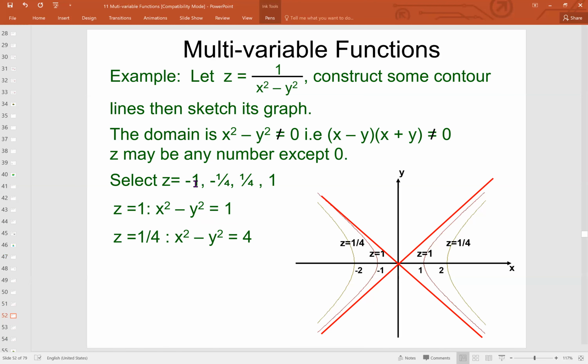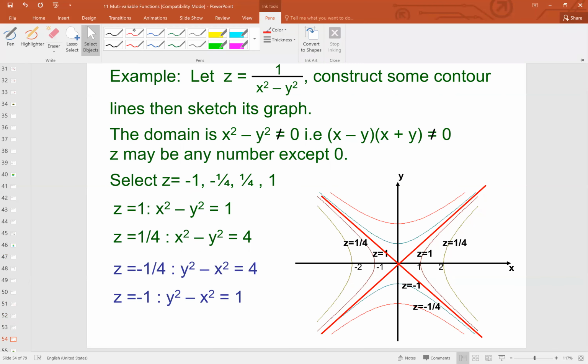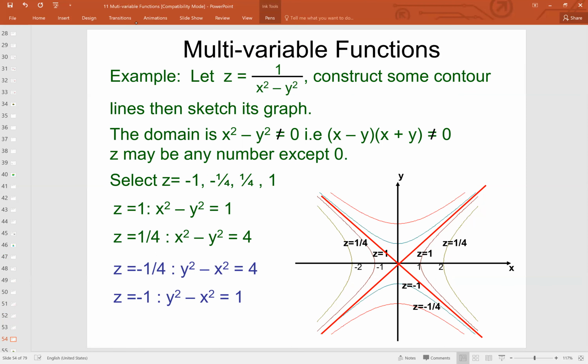And similarly, if I were to set z to be negative, then the positions of x squared and y squared switch, the sign switches in terms of y squared minus x squared. And then the corresponding level curves will go in opposite directions. In other words, if I come in from this side, then the level curves are climbing higher and higher.